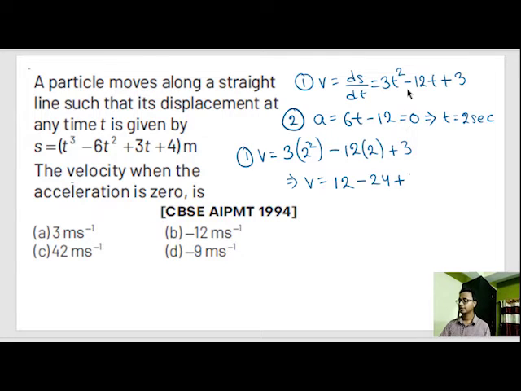Plus 3. 12 plus 3 is 15, and 15 minus 24 is minus 9, or minus 9 meter per second. So our correct option is option number D.